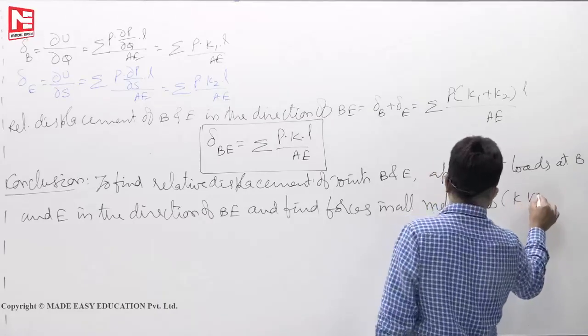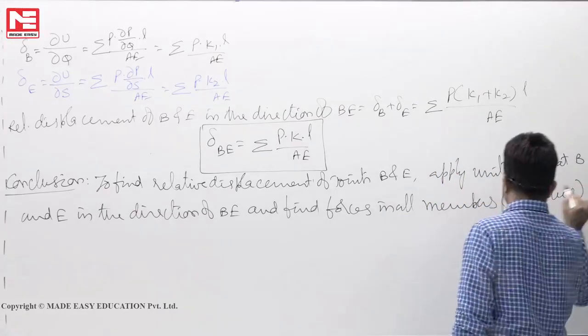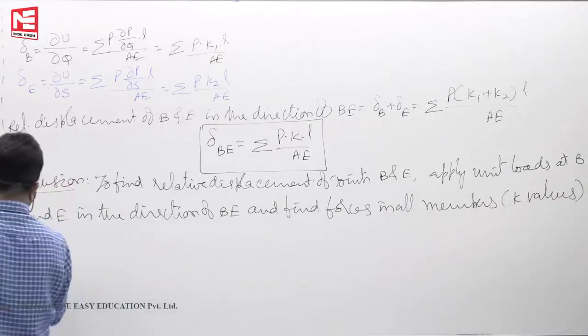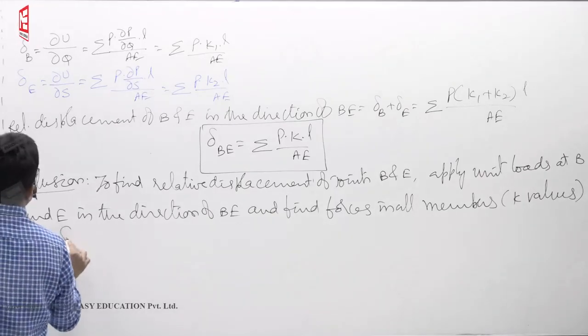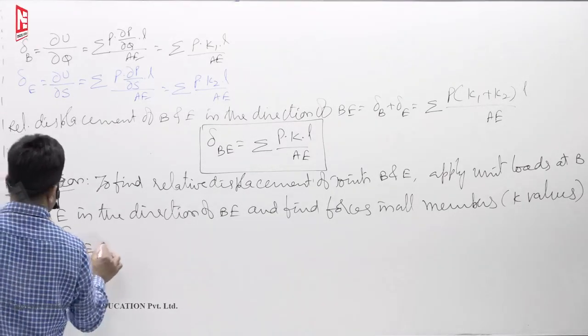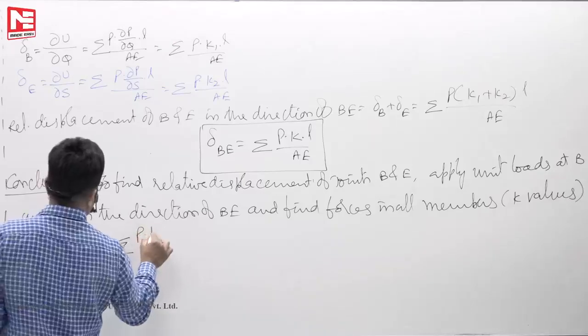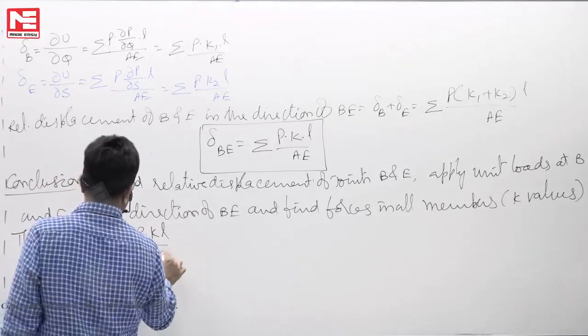This we call the K values. Then delta BE is equal to summation of PKL by AE.